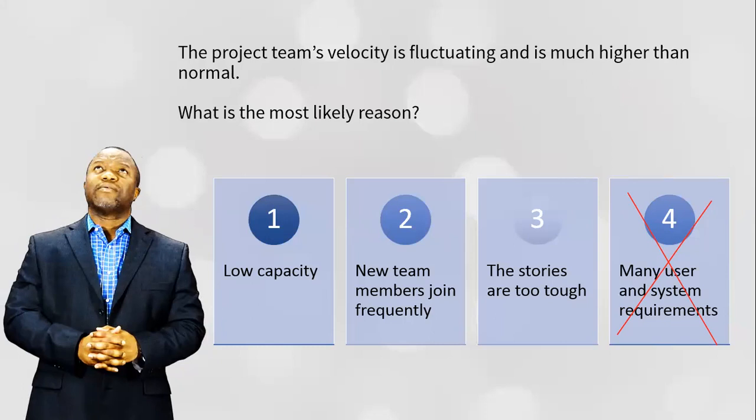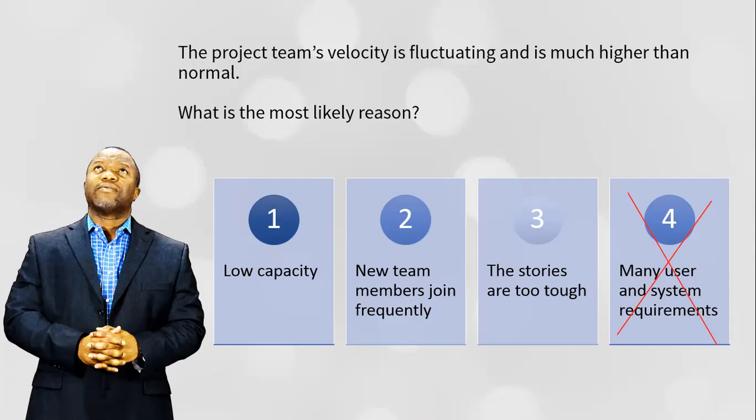So 2 of these options are plausible, right? Because it's fluctuating, it's going up and down. And before we jump in, it says the velocity is much higher than normal. Did you catch that?